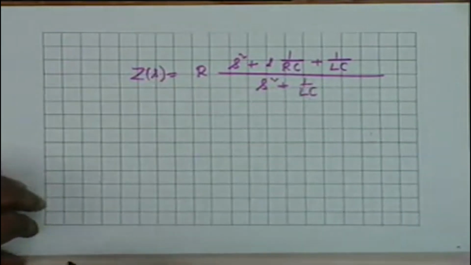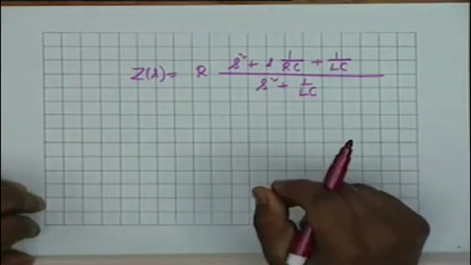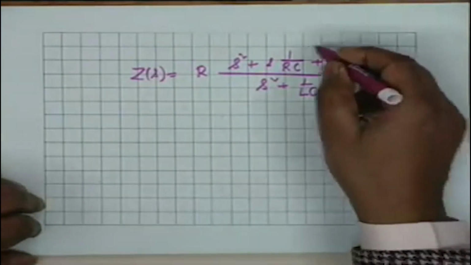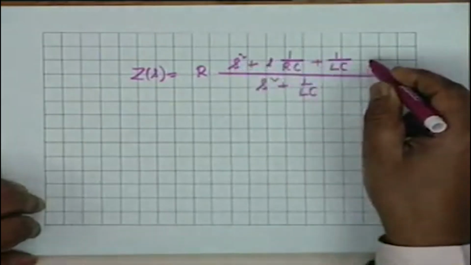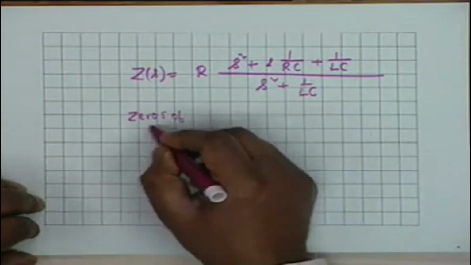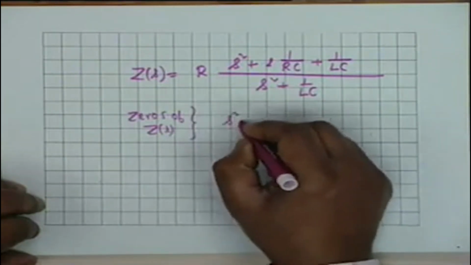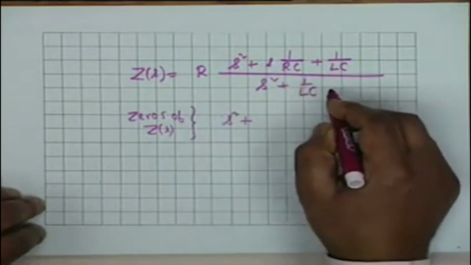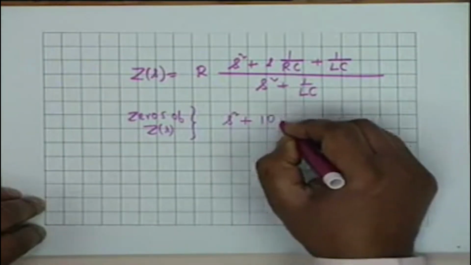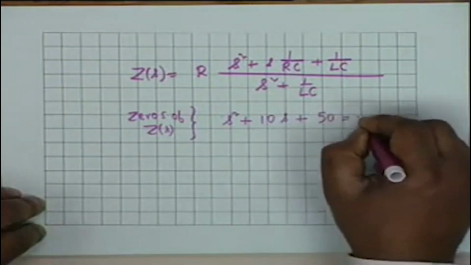This is Z of S. Since we are trying to find the natural current response, we are going to concentrate on the zeros of the impedance. Now, if I put the numerical values, the zeros of Z of S satisfy S squared plus 10 S plus 50 equal to 0, where 1 over RC is 10 and 1 over LC is 50.